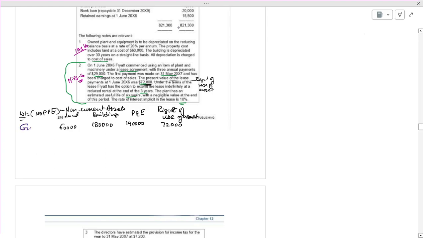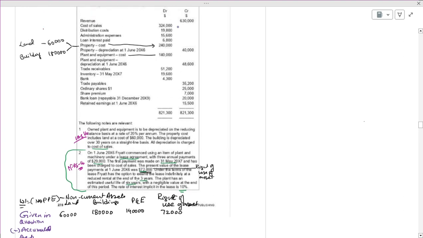Given in the question. Fine. Now, from this, first you have to remove accumulated depreciation. Accumulated depreciation for buildings, how much is there?